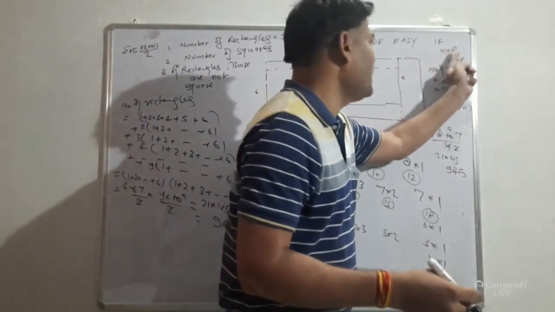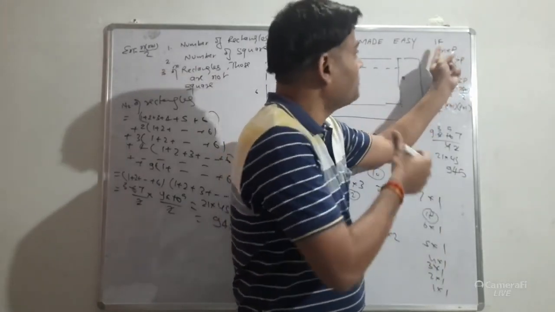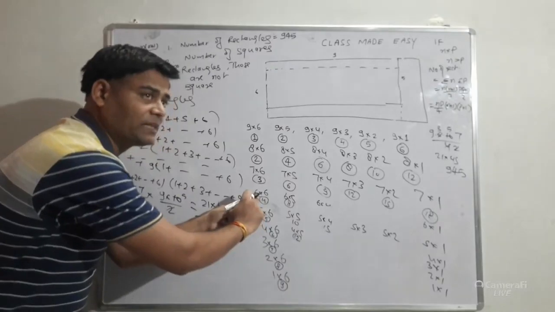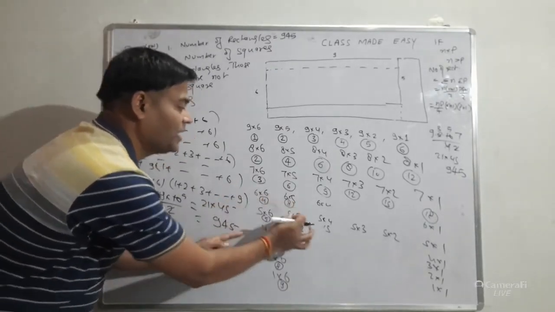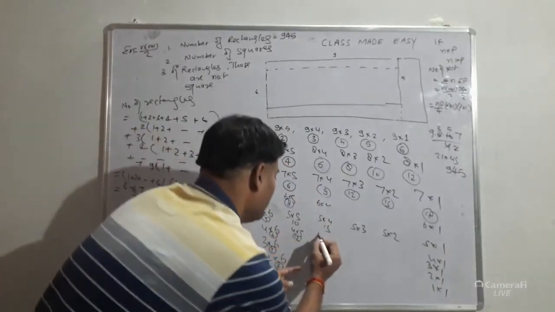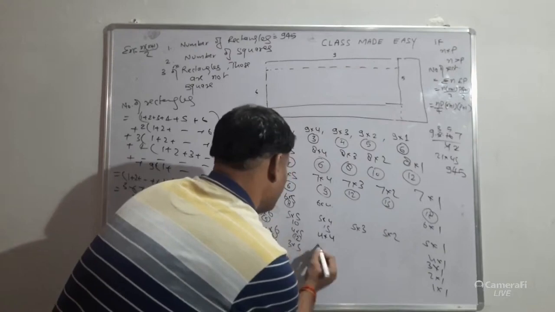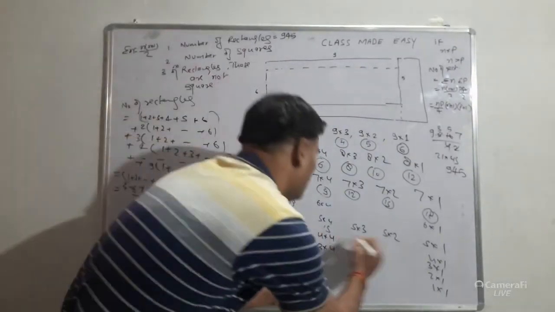We took when n and p are the same, meaning smaller is p, greater is n. If n becomes p, here 6 by 6. So we will get a square of 6 by 6 size, then 5 by 5. See here, it is 4 by 4. It is 3 by 6, 3 by 5, 3 by 4. This is 3 by 3. If you want, you can write all these.